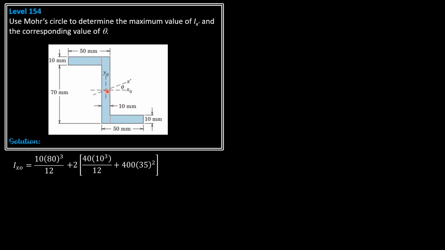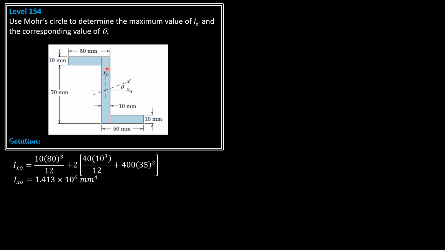So the distance of the centroid of this rectangular area from the XO-axis is 35. 40 minus half of 10, 5, so 35. IXO therefore is equal to 1.413 times 10 to the 6 mm to the fourth.